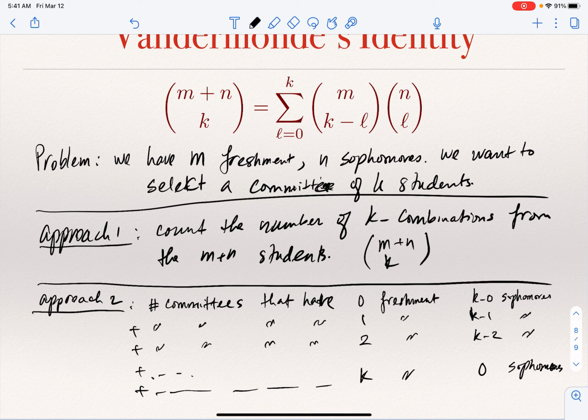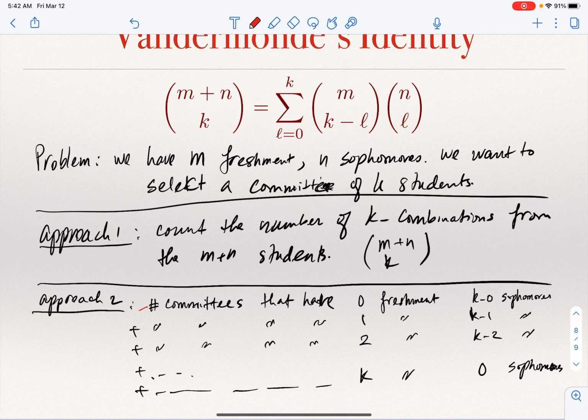right? So I can look at this problem more detailed. I say I'm going to look at committees where the committee will either have 0 freshmen and k sophomores, or 1 freshman and k minus 1 sophomores, or 2 freshmen and k minus 2 sophomores, and so on. Then if you look at these numbers here, what are they?